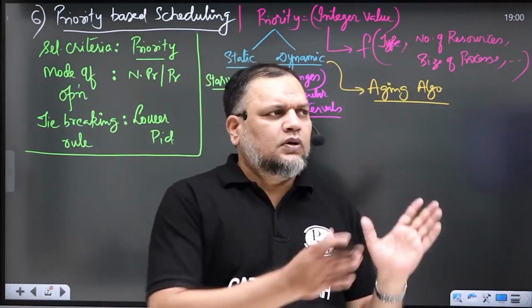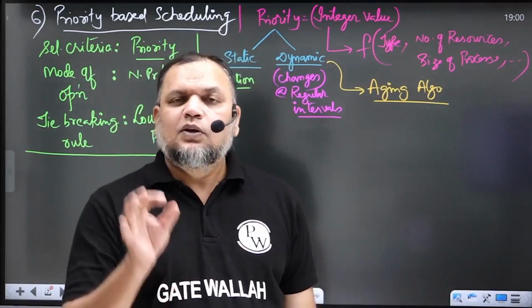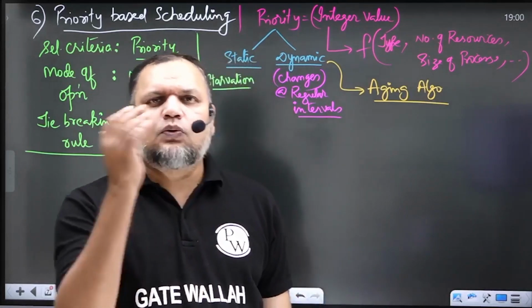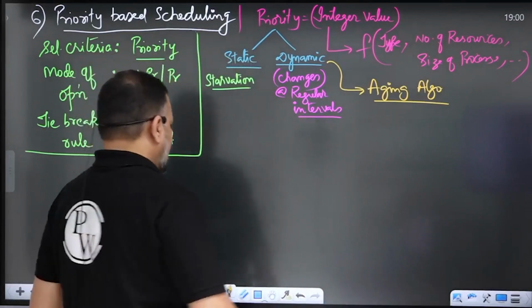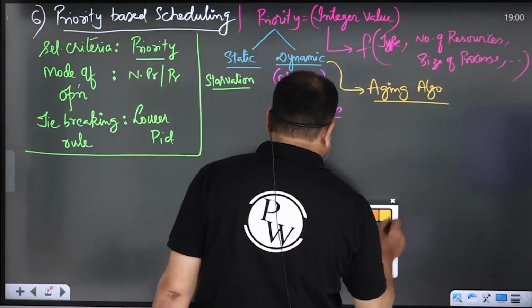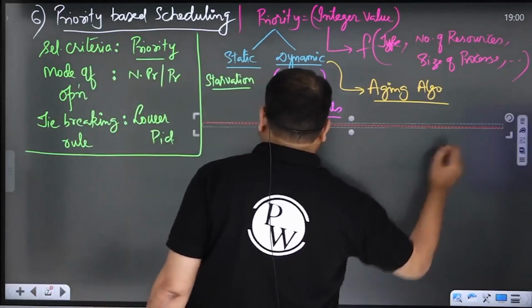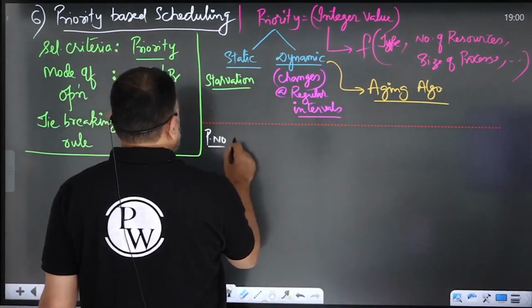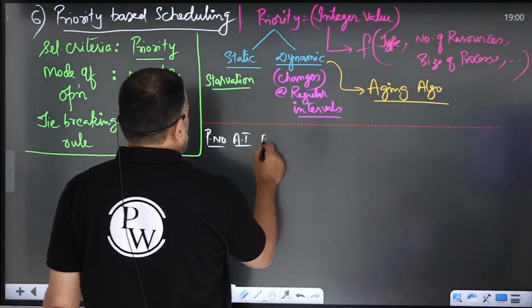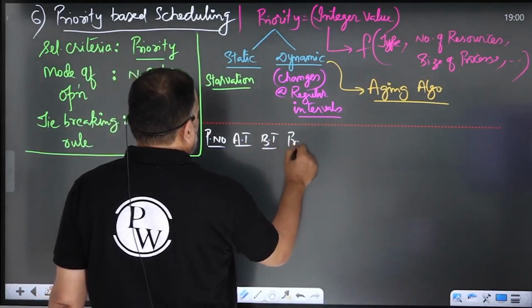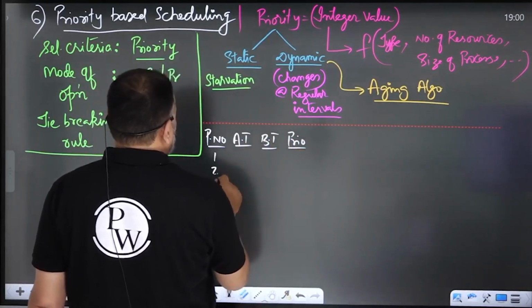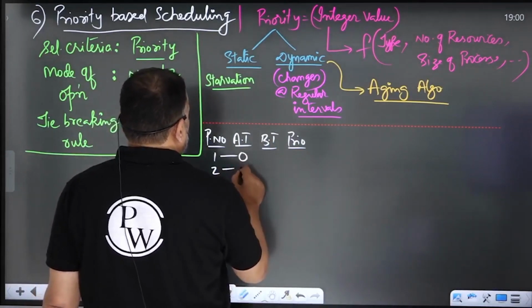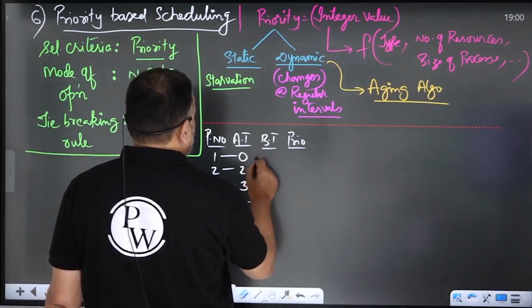So I will give a simple data set. First, you solve the problem. Make sure that you understood and then you can compare with my answer. Okay, so let me give you the data set. Let's say process number, arrival time, burst time, priority. 1, 2, 3, 4. I'll take only 4 processes. Arrival time 0, 2, 3, 5.